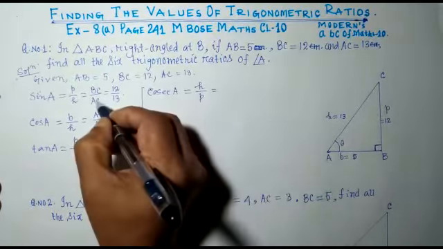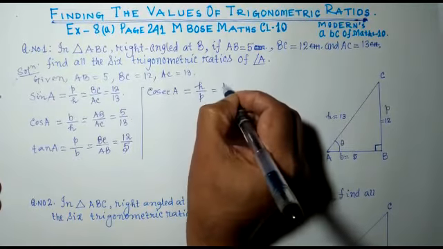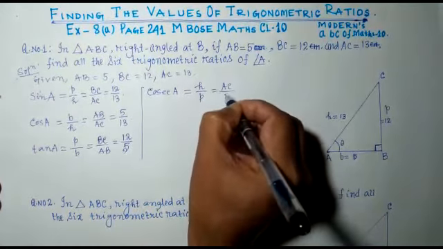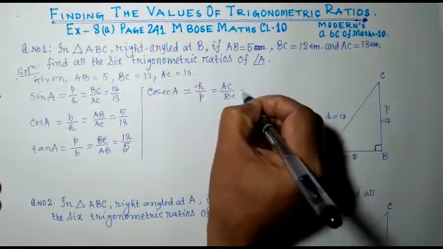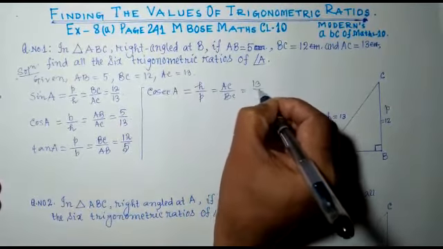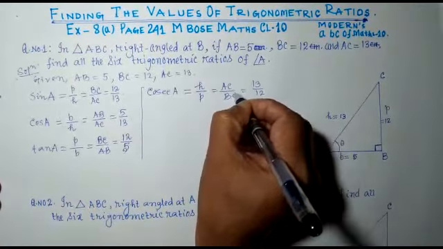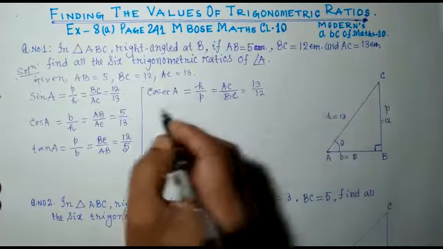So just make it opposite. AC is up and BC is down, and 13 is up and 12 is down. You can do it just closing your eyes also.